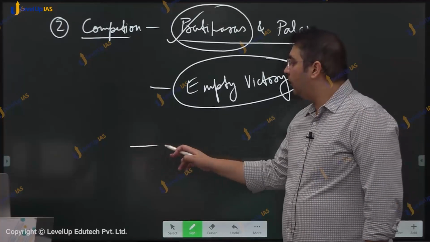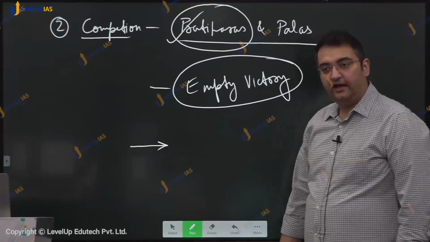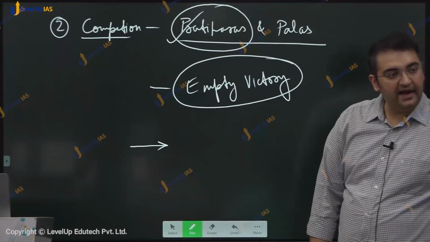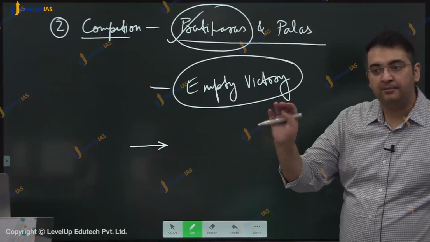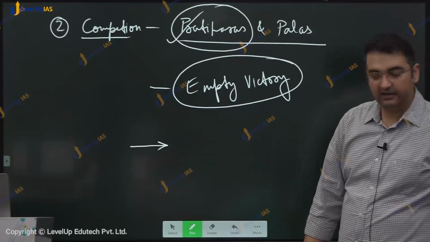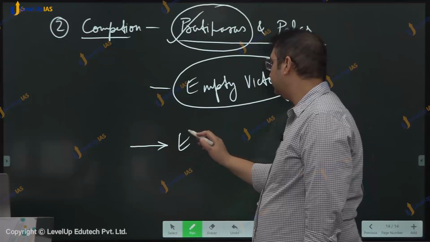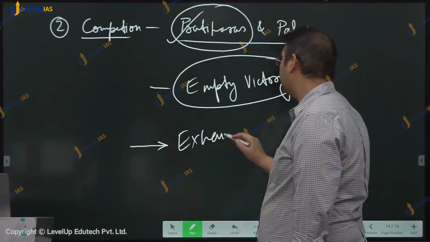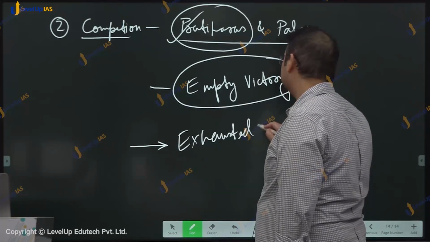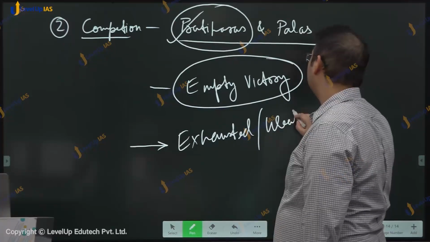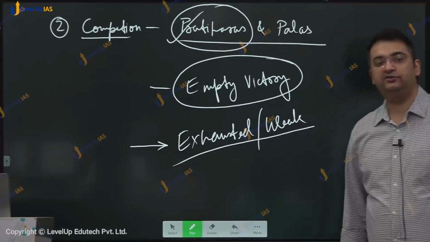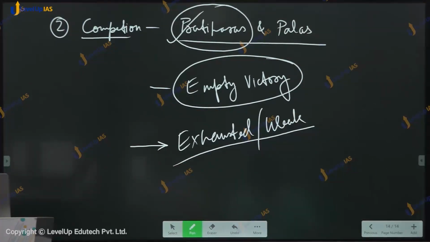Due to almost 200 years of warfare, all the three empires exhausted their manpower as well as material resources. So they emerged as exhausted, laggard, weak polities.